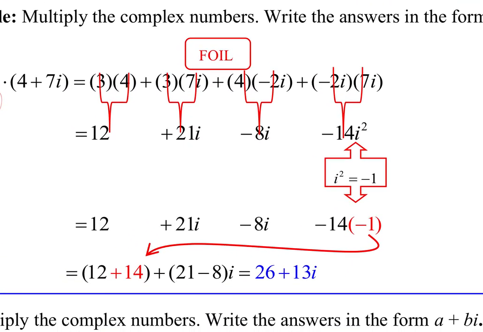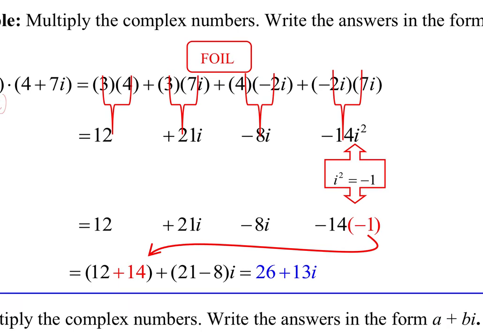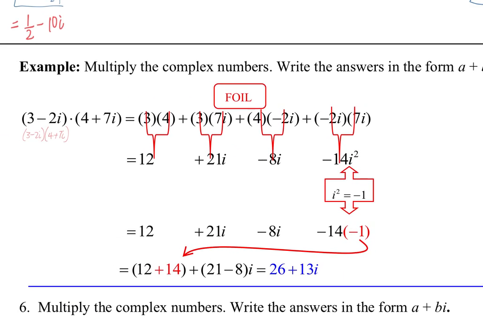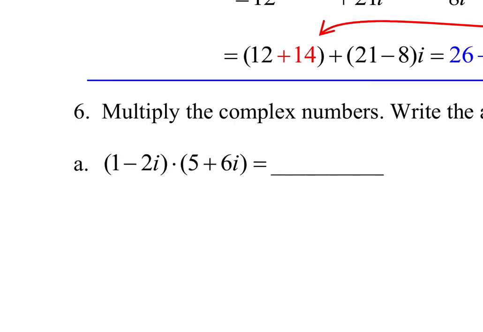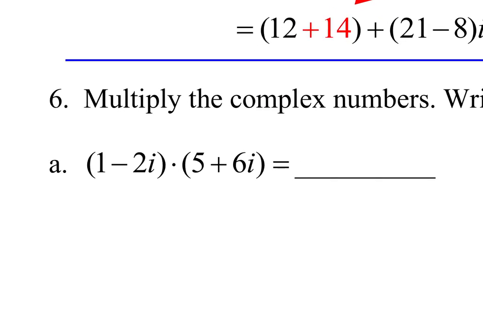Anyway, this is a real detailed way of looking at distribution, at foiling out. Sometimes all those details can get confusing, so this is the way I do it. I say 1 times front times front. 1 times 5 is 5. Now I say 1 times 6i. That's the outer. So 1 times 6i is 6i. Now the inner, negative 2i times 5 is negative 10i.